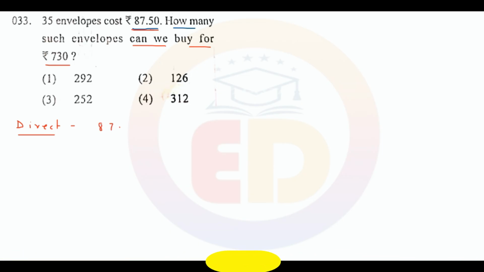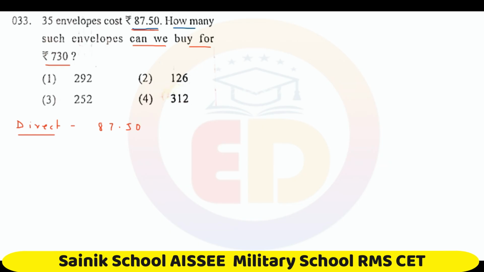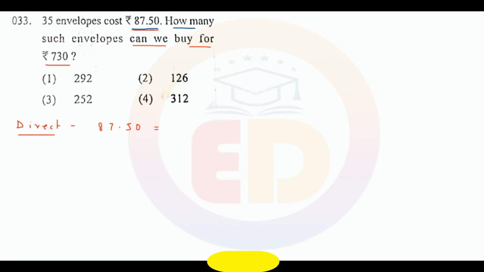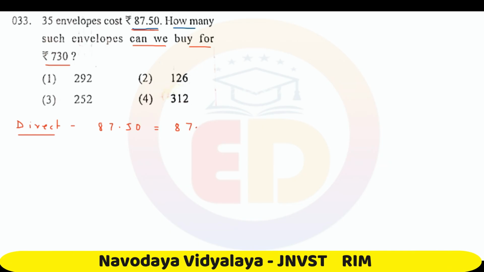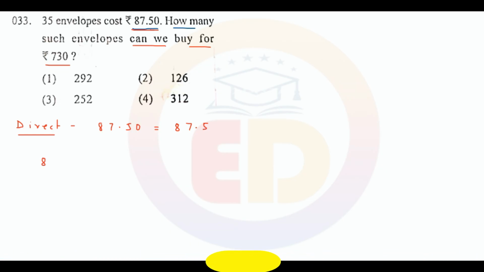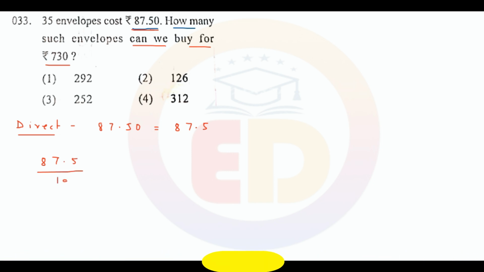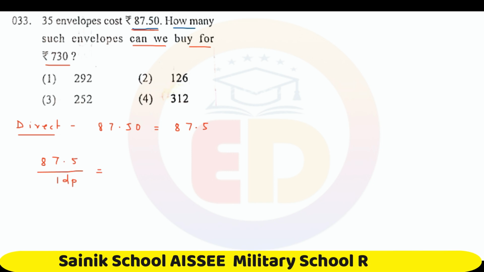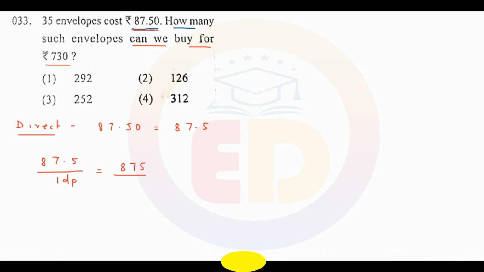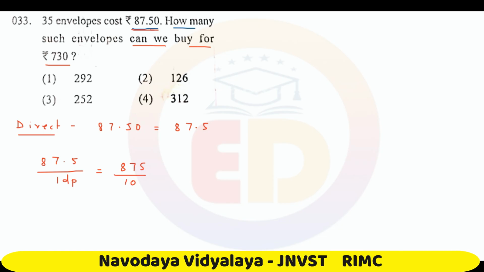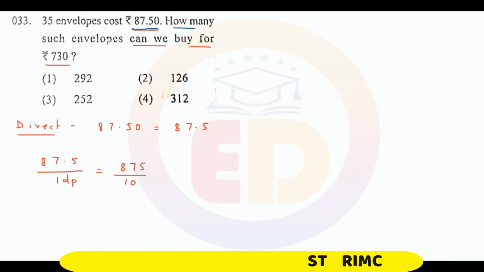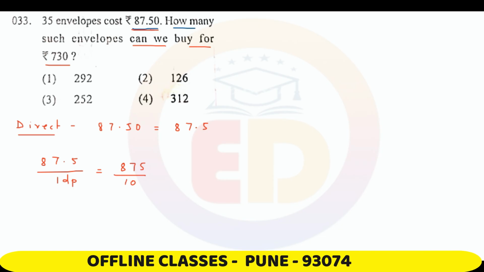First of all, 87 rupees 50 paise can actually be written as 87.5, which has one decimal place, so we can break it down as 875 upon 10. Now we will solve this question using the value of 875 upon 10.